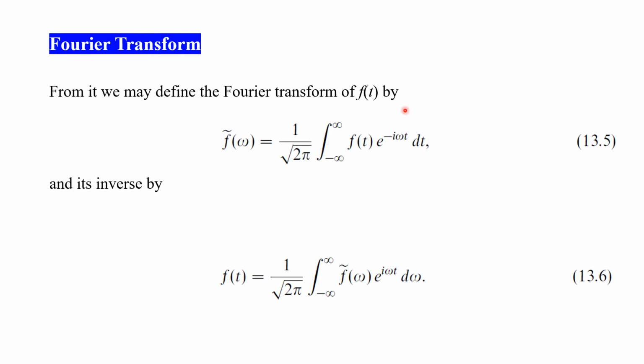Remember again that this is the Fourier transform of your function f of t, and from your Fourier transform, you can get your f of t by using this equation. So take note of equations 13.5 and 13.6, as these are the equations that we are going to use later in our examples.